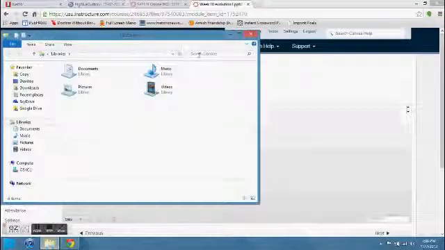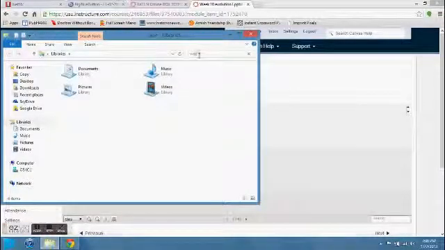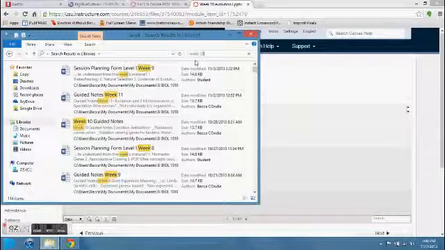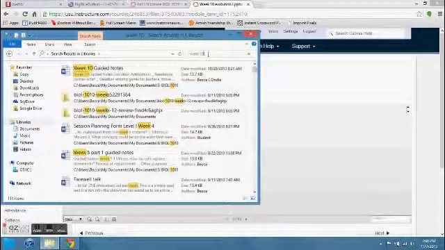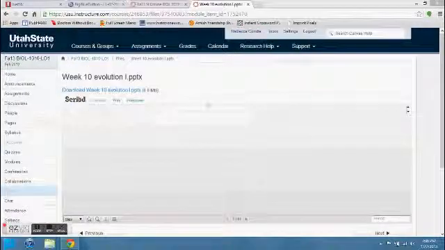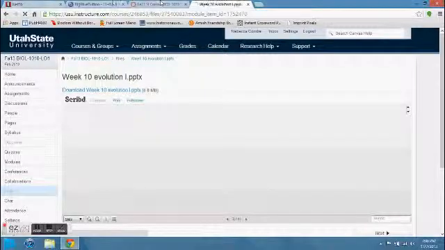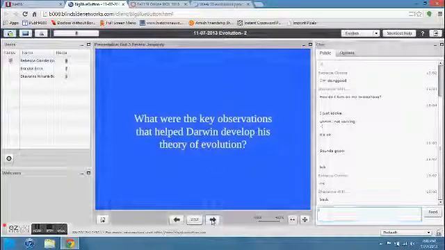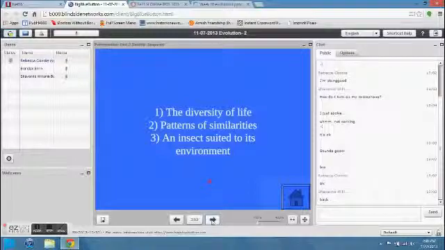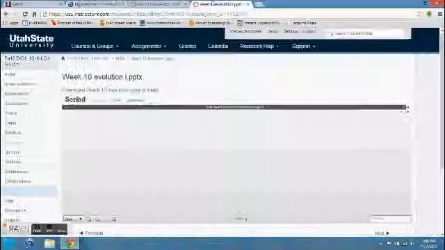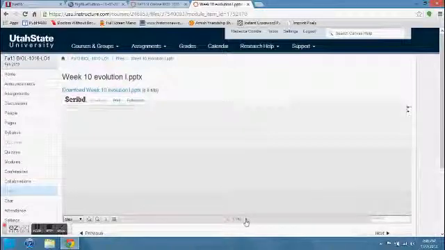I got one that says observation, overproduction, and competition, individual variation, exclusion, unequal reproductive success. It's the one that talks about the diversity of life, the patterns of similarities in an insect suited to its environment.